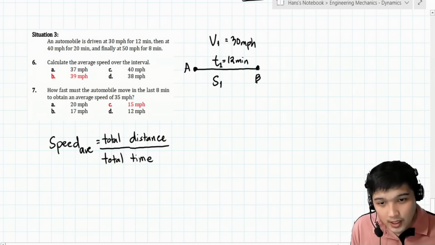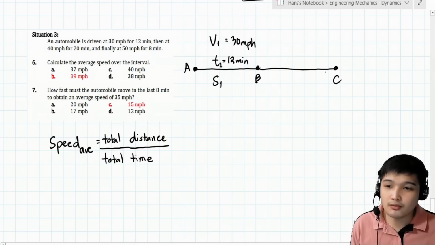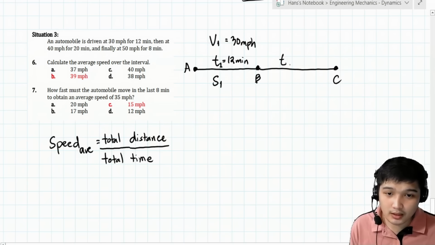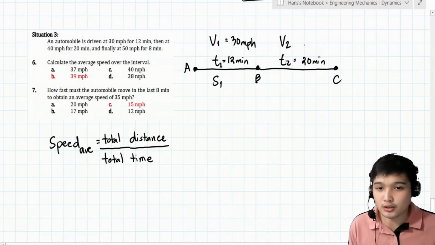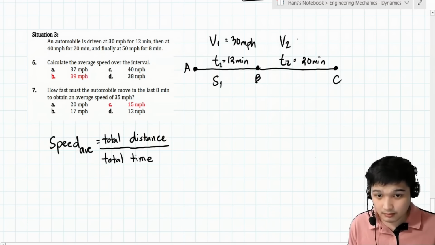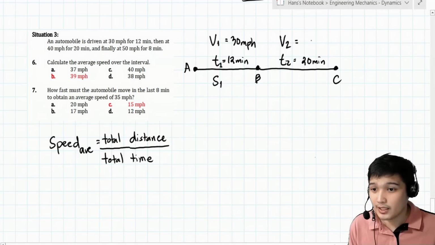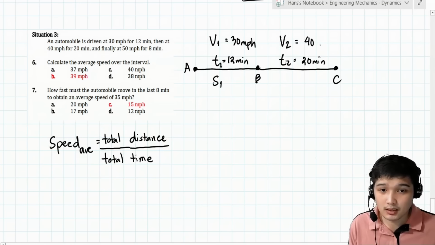And then, for another time, which is yun nga yung 20 minutes, so nag-travel siya from B to C. Tawagin natin T2. 20 minutes. So, nag-travel siya with constant speed or velocity. Na ilan yan, guys? 40 miles per hour. So, may mata-travel siyang S2.